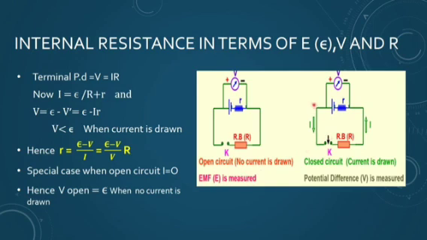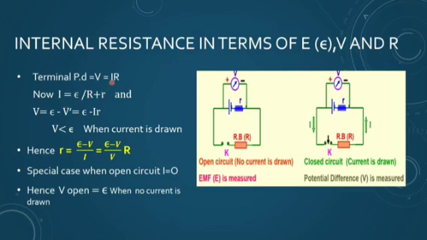And when we put this key, it means we close the circuit, then whatever we measure across the cell, that is the terminal potential difference, you may say, that is the potential difference across the cell when the circuit is closed. And now this terminal potential difference, which is V across this resistor, is equal to IR.